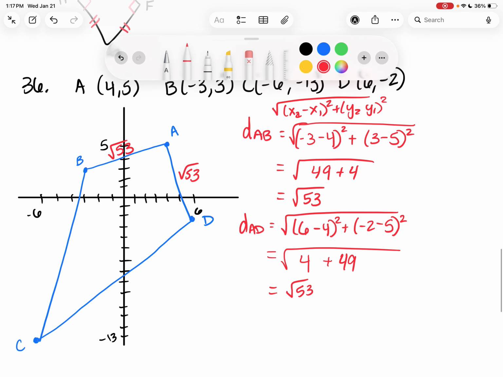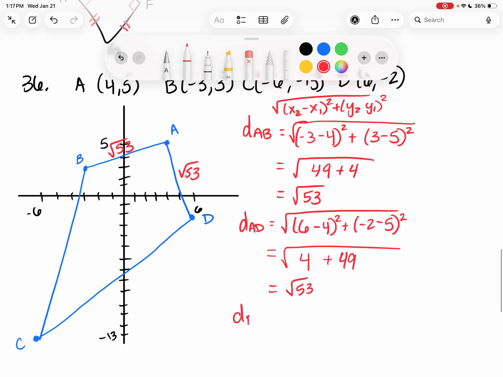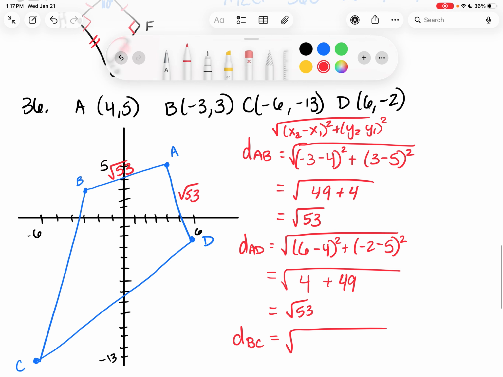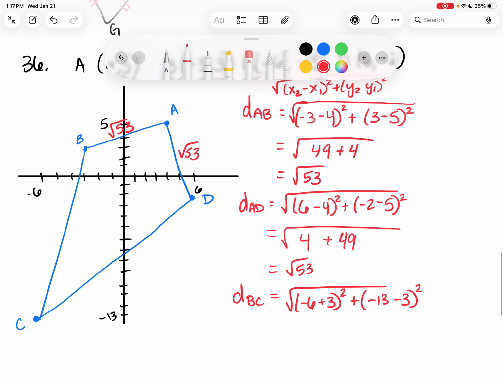So we'll just go with BC next. The distance between BC is the square root of negative 6, minus a negative, so plus 3 squared, plus negative 13 minus 3 squared.